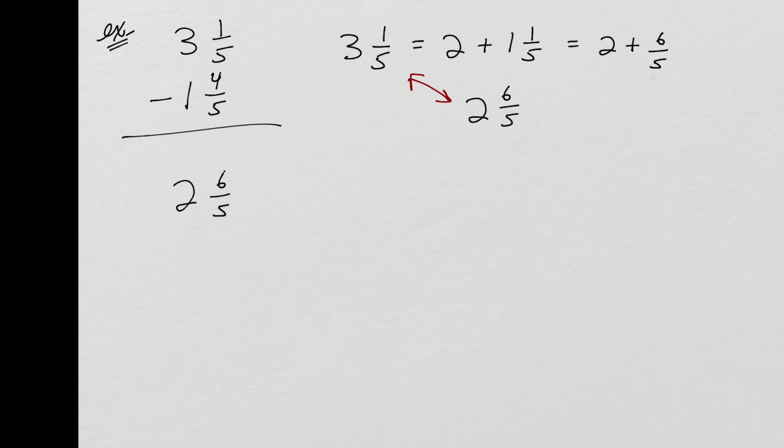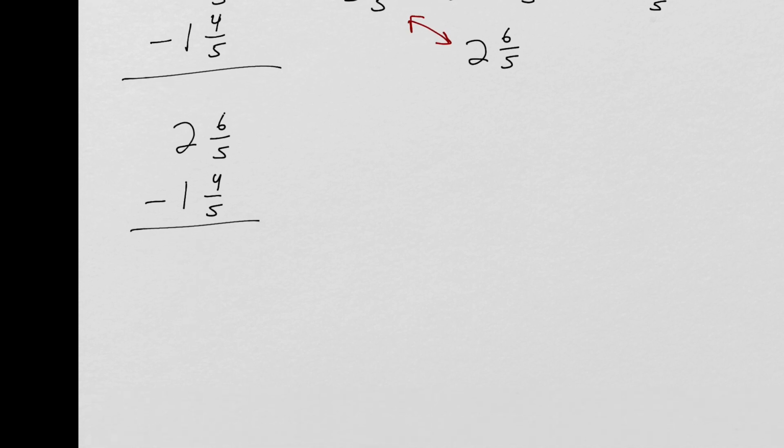That was the same as 3 1/5, but we borrowed 1 from the whole number part, minus 1 4/5. But now that allows us to do the problem, right? Now I can subtract 6/5 minus 4/5 is going to be 2/5. So I subtract the fraction parts and then subtract the whole number parts. 2 minus 1 is 1. So it's equal to 1 2/5.